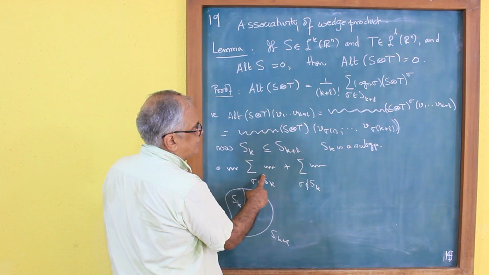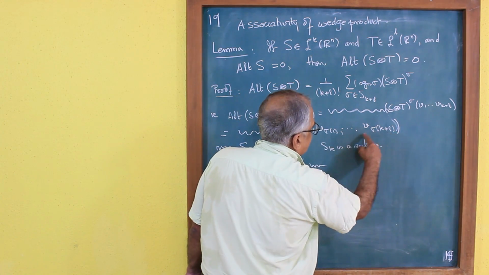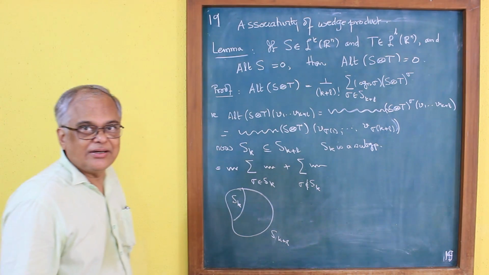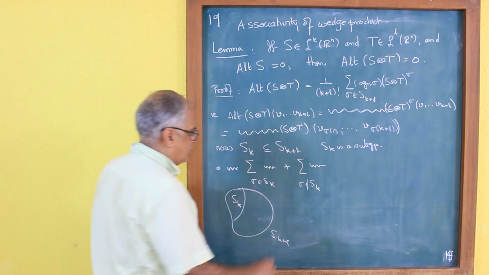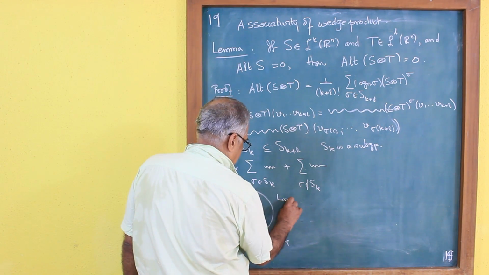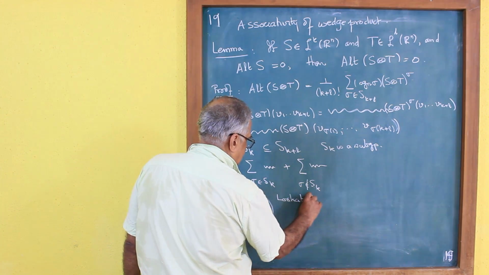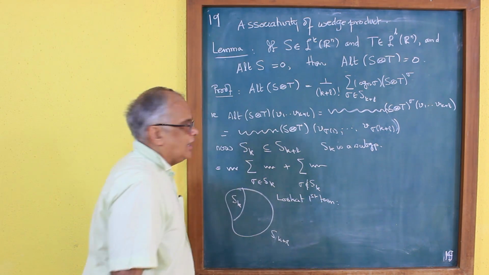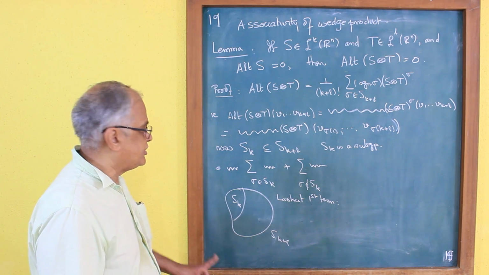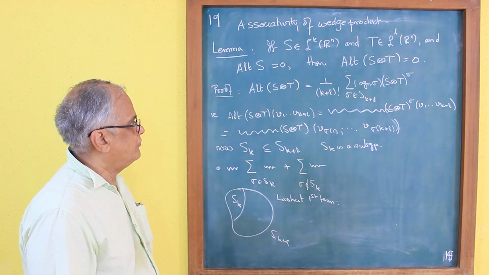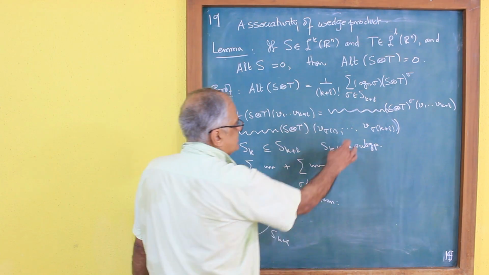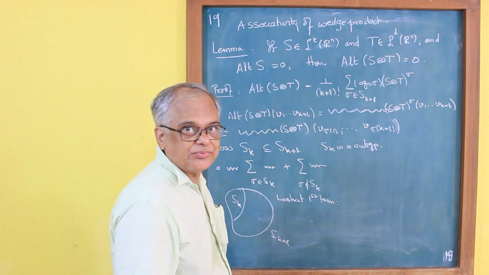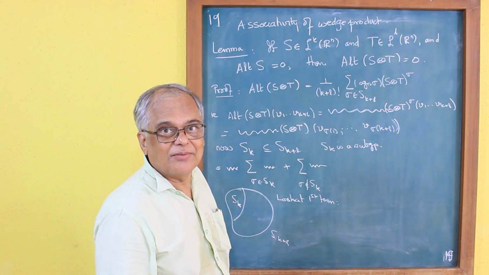Okay? Now let me look at this first term. In this first term, the last vectors that I have, so look at the first term. In the first term, I'm taking all those sigmas in Sk. When sigma is in Sk, it says that sigma of k plus 1 is k plus 1, sigma of k plus l is k plus l.